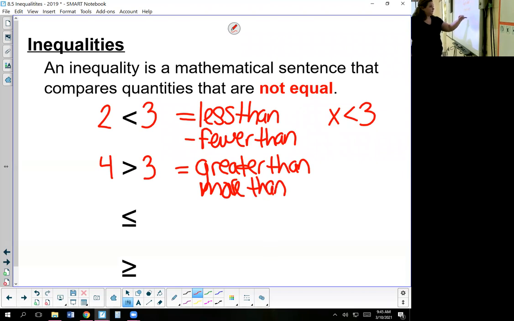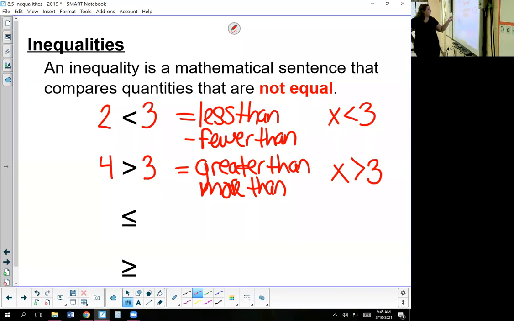Again, now that we're looking at the algebraic way of thinking of that, let's replace 4 with x. So x has to be bigger than 3 in this example. So any number bigger than 3, but not equal to 3. So these are the two new ones.